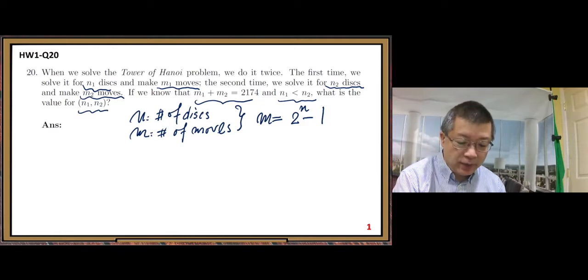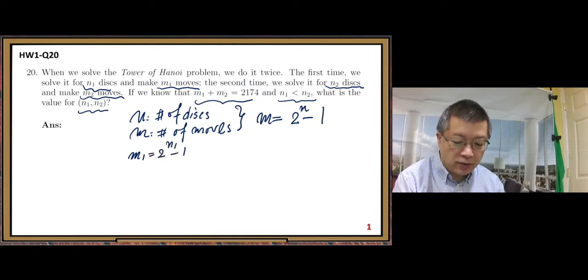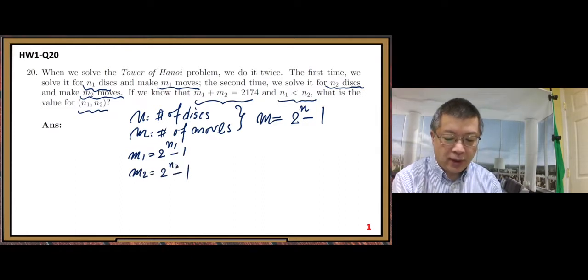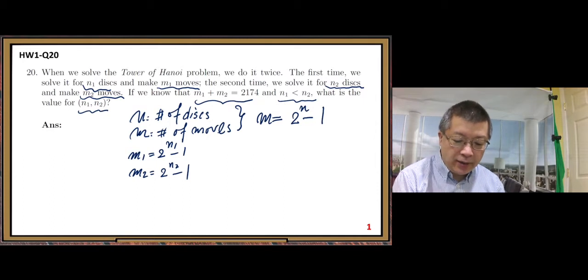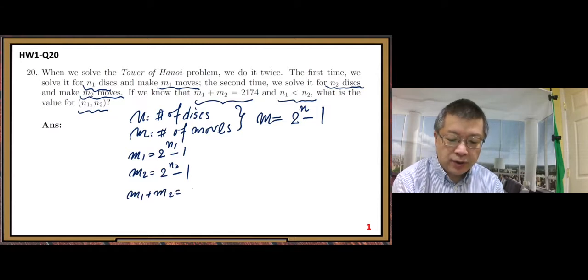So we have M1 equals 2 to the N1 minus 1, and M2 equals 2 to the N2 minus 1. And M1 plus M2 equals 2174.